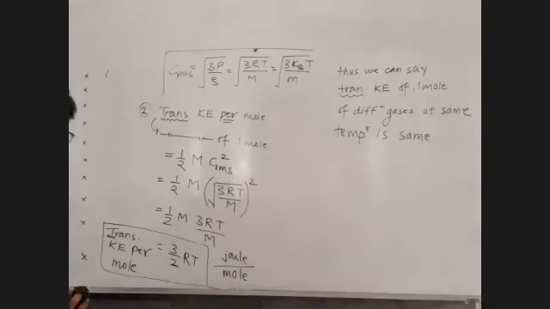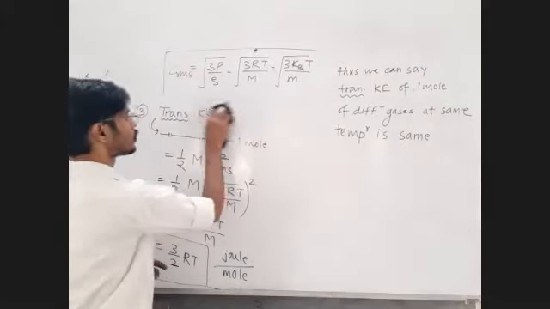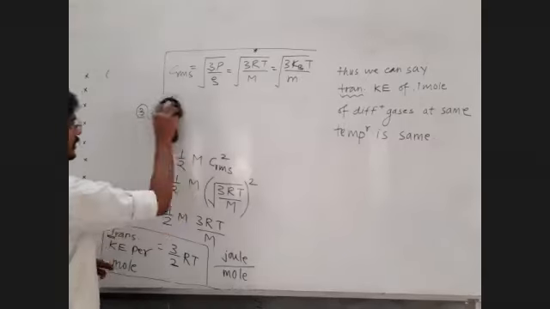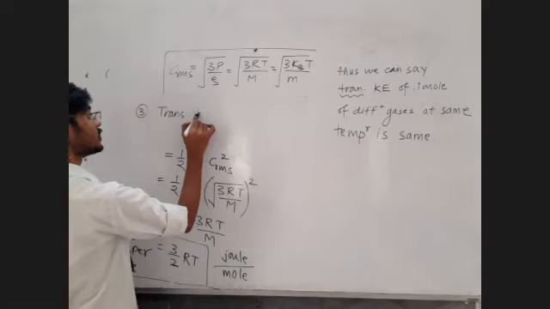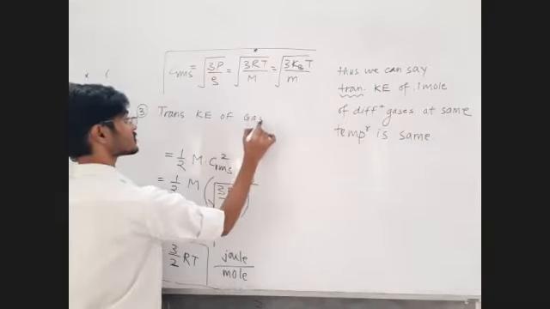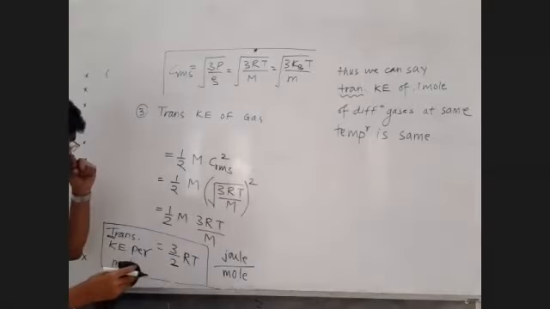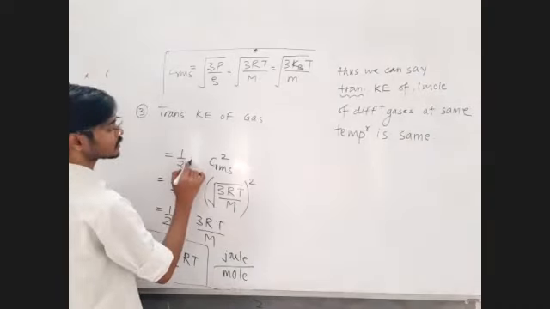Fine. Next thing, point number 3, translational kinetic energy, not per mole, not per molecule. Now simply translational kinetic energy of gas. What shall I write here?